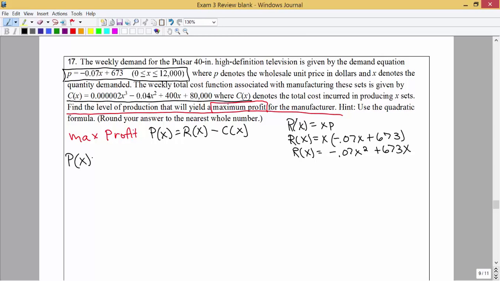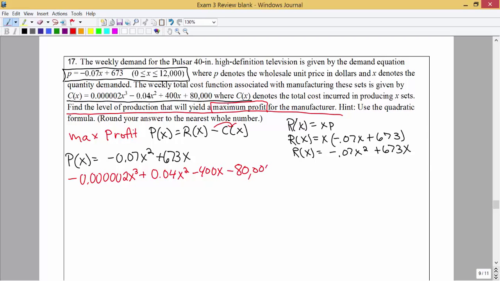So our profit function would be that revenue function that we just formed. And then we're going to subtract off the cost function. And remember, when we subtract the cost, the negative gets distributed into every term for that cost function. So we're going to subtract that first term. I think there's 5 zeros there. We're going to add the next term, subtract off 400x, and then subtract off 80,000.